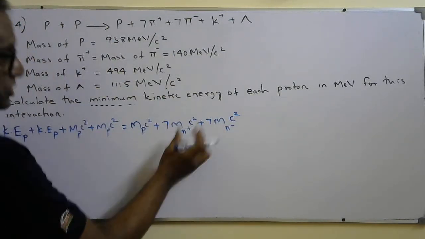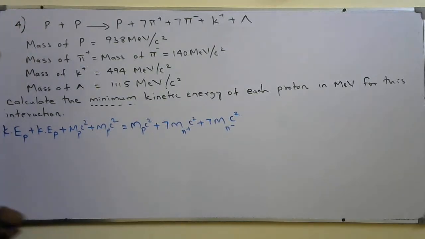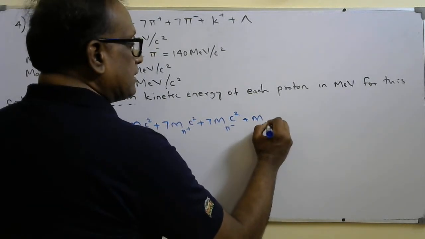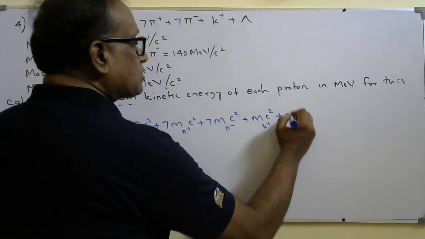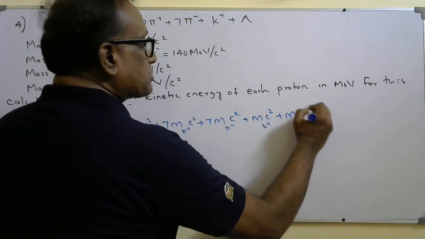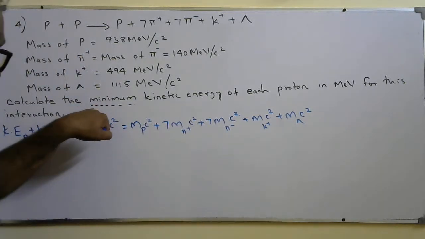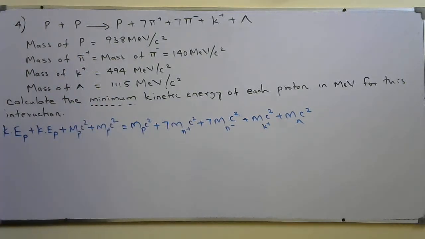They are just created, so they only have the equivalent energy of the mass, plus mass of K plus c squared plus mass of lambda c squared. None of them has kinetic energy because they are just created.